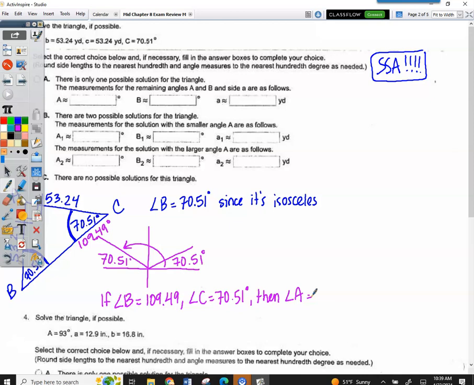Subtract those two from 180. It gives you 0.